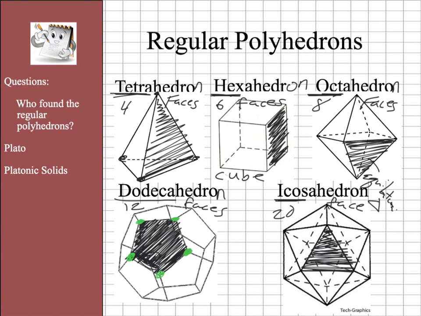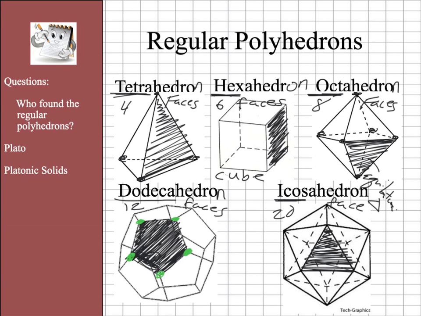So vertices, we have 1, 2, 3, 4, 5, 6. So we have 8 faces, 6 vertices again, which means we have a 6 and an 8 again, just in a different order, which means edges are going to be 12 again, even though they're different shapes. Octahedron and hexahedron both have the same number of edges.